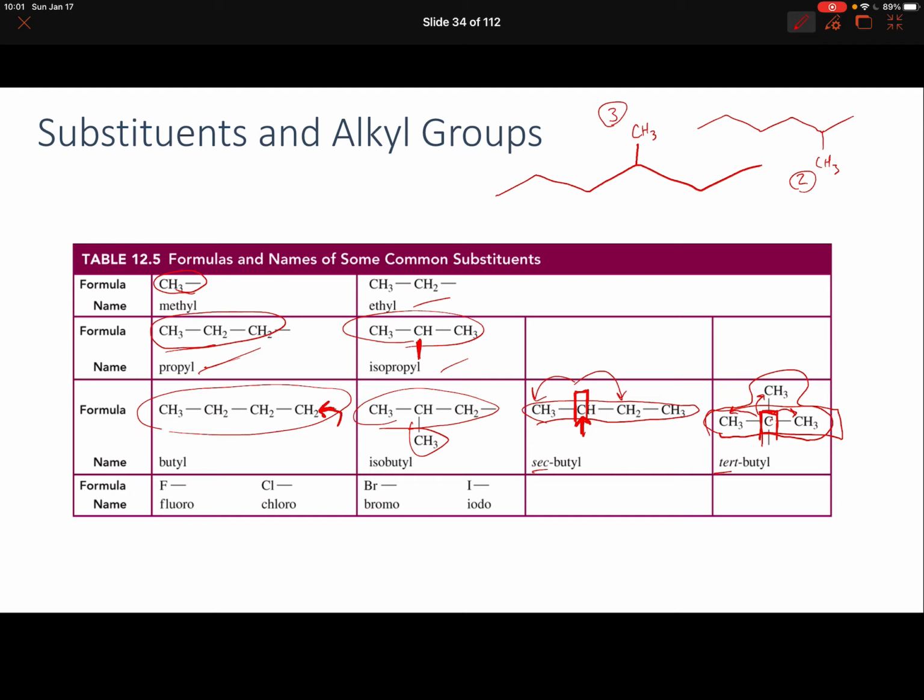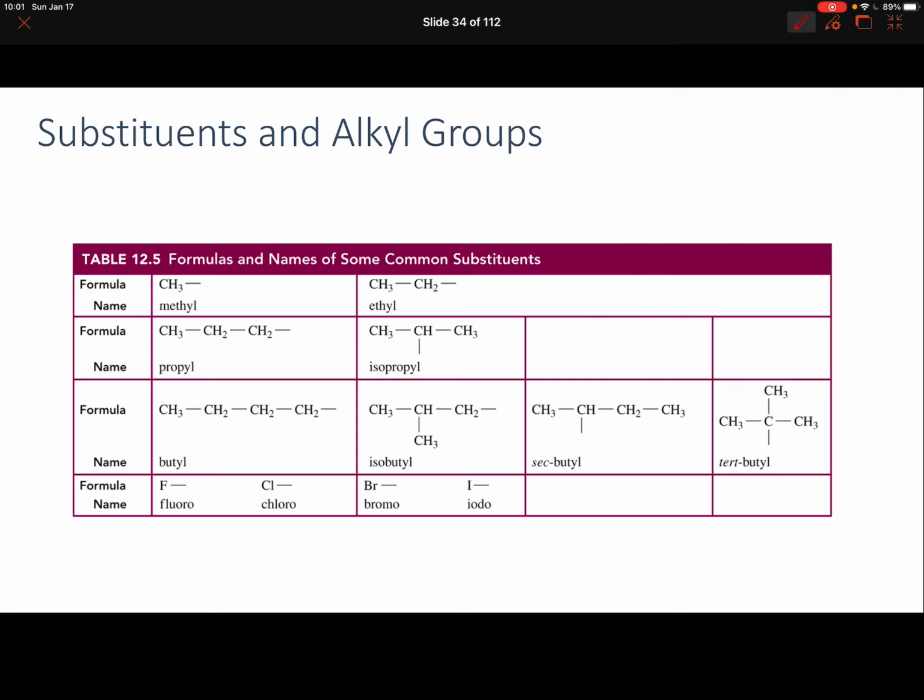That's where those names come from. You just need to memorize which is which. You don't have to worry about differentiating these or drawing these, but if you memorize which is which, then you shouldn't have any problem spotting isobutyl from tert-butyl. And then again, some halogens: fluoro, chloro, bromo, iodo.